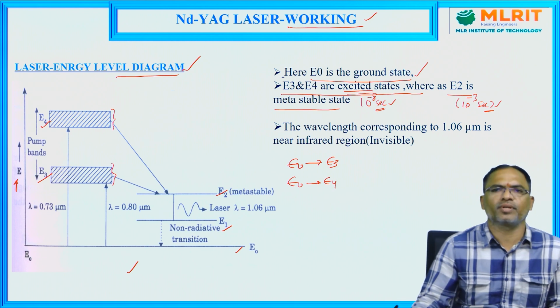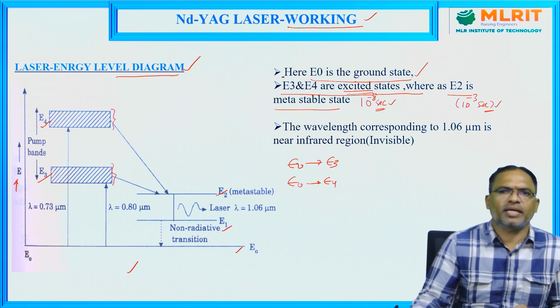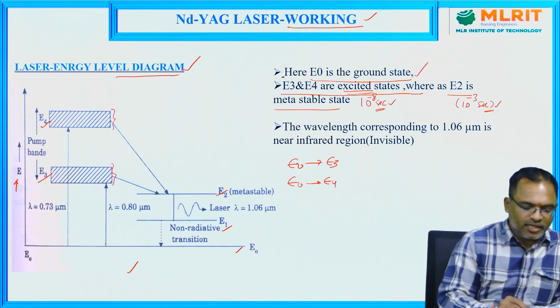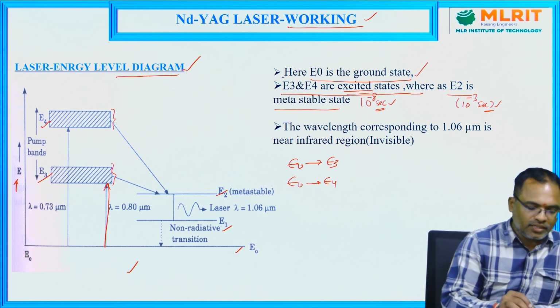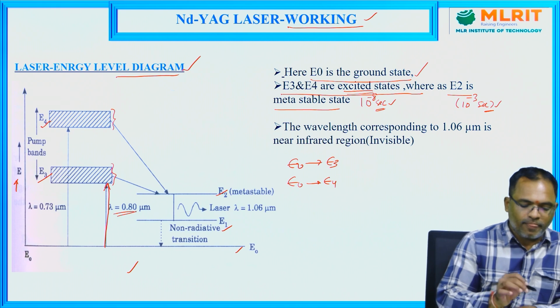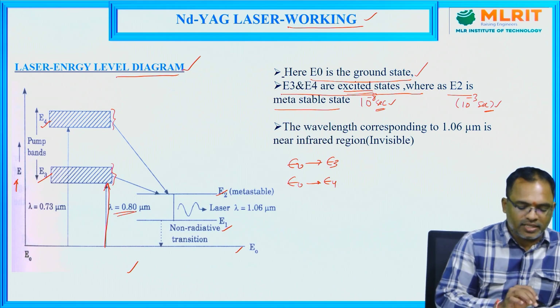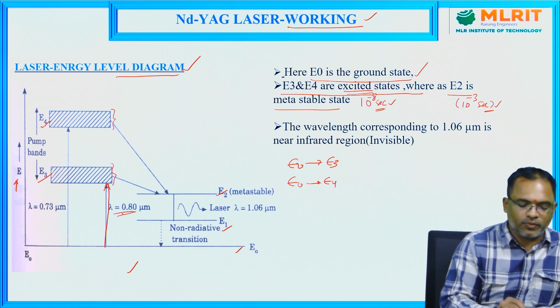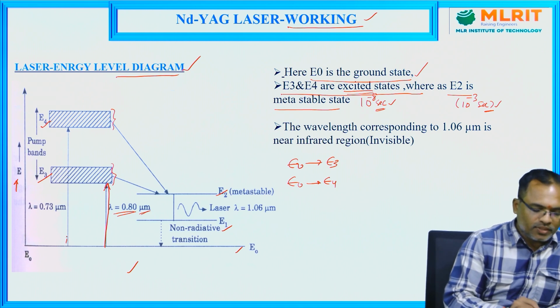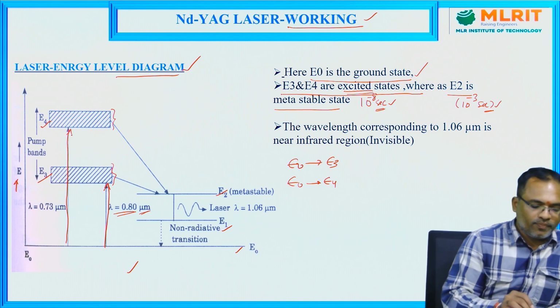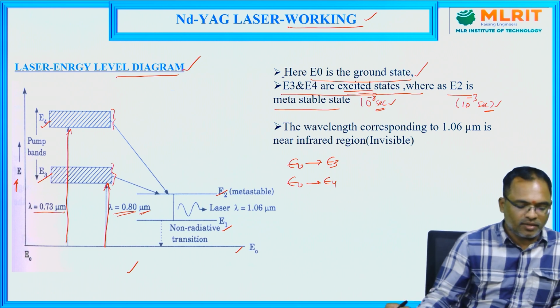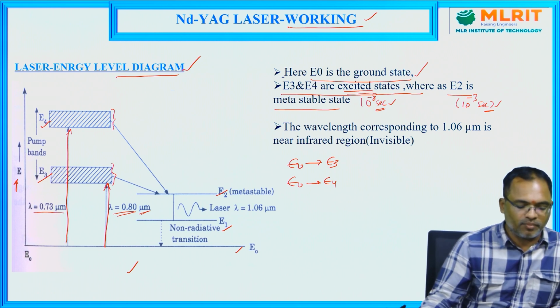Based on the amount of energy they receive, they will make a transition into either E3 or E4, and they are indicated clearly here. This is the E0 to E3 transition, an absorption corresponding to a wavelength of 0.80 micrometers, and another absorption from E0 to E4, corresponding to 0.73 micrometers.